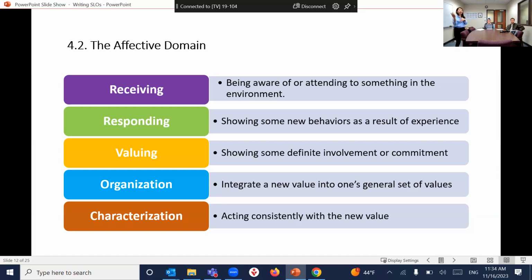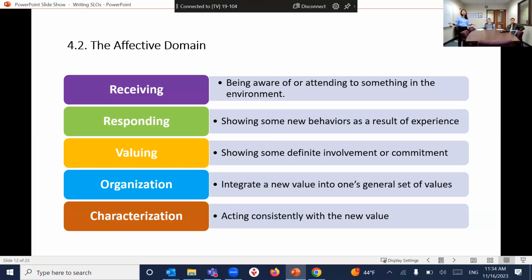And after they receive the information from the peers and the instructors, active participation could be the responding. For example, they may question, or think through the information that they receive from the teacher or from the peers.